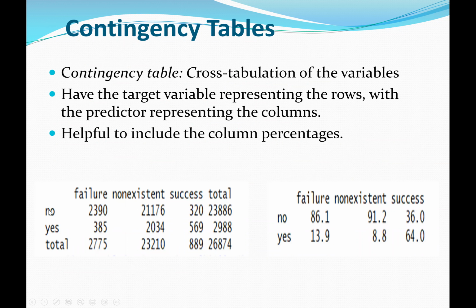Our target variable normally represents the outcome, the dependent variable. So our target variable here is either yes or no. It can be a diagnostic, positive or negative. So yes or no, with the predictor representing the column. Here the predictor variables, which are the independent variables, we have three of them: failure, non-existence, and success.